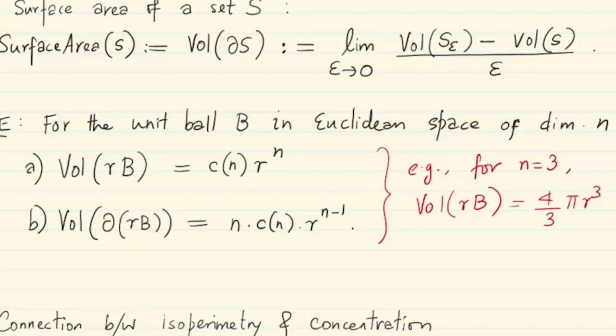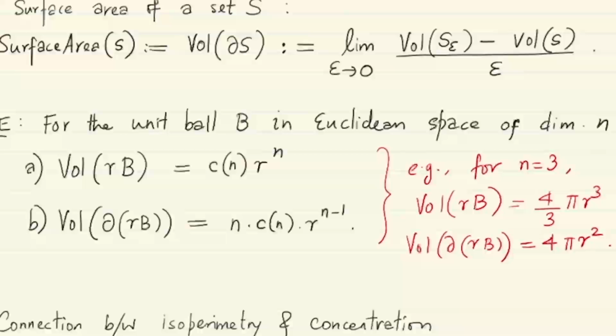So 4/3 pi is basically C_n, C_3, and the surface area of a sphere is 4 pi r squared. Okay. So this generalizes to any dimension n, in the standard Euclidean geometry in n dimensions with the standard Lebesgue measure, which measures volume.